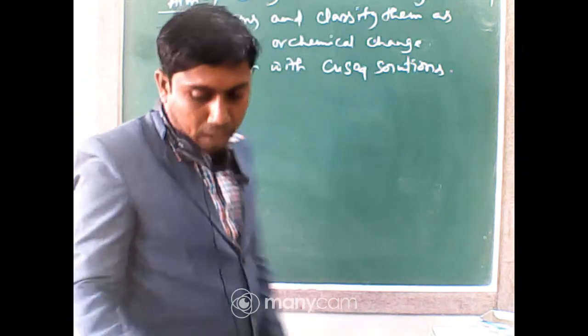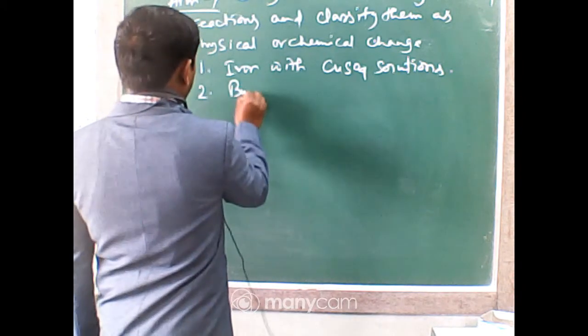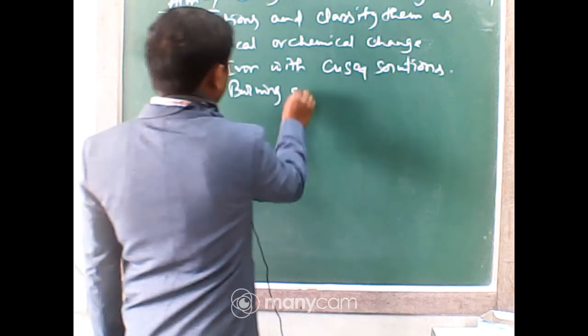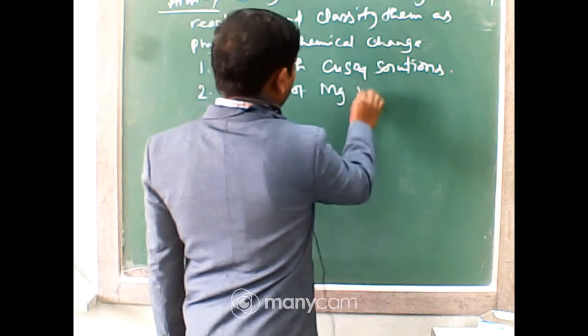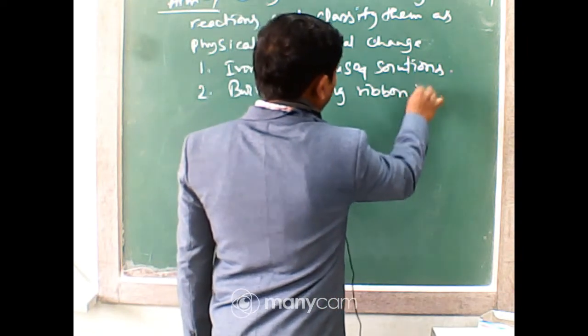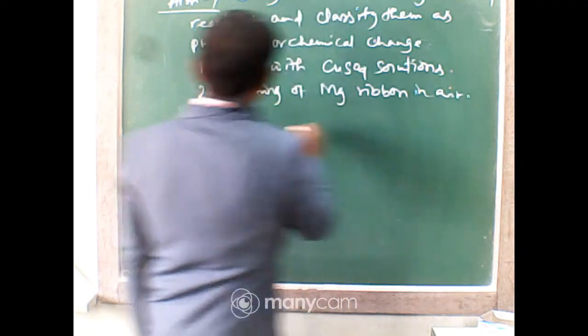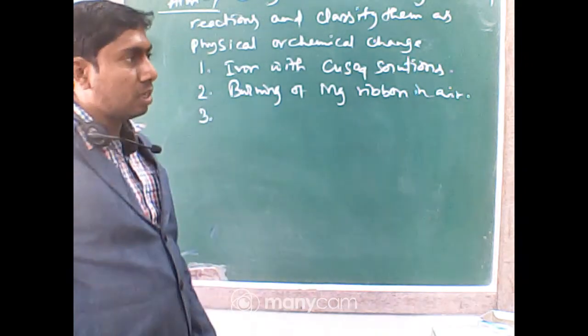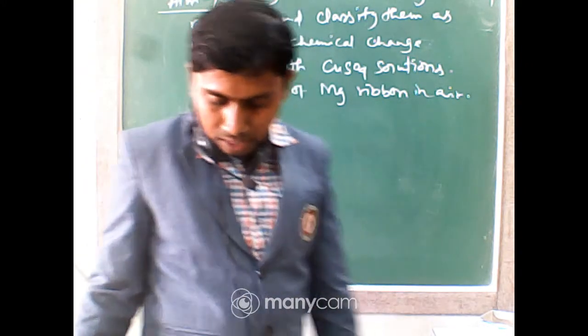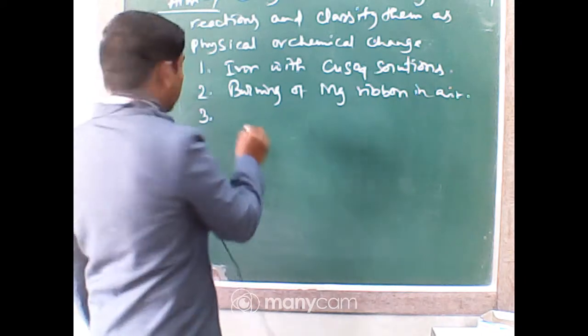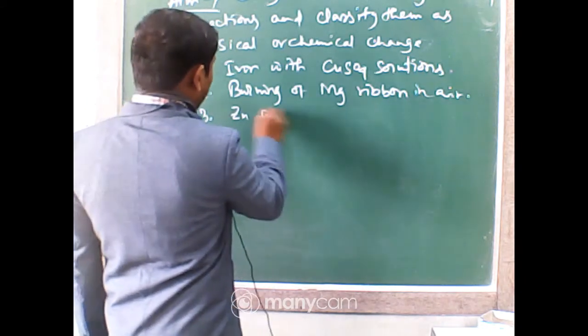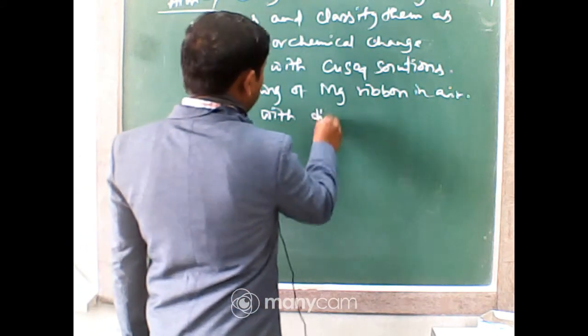Next, burning of magnesium ribbon in air. This is number 2. Number 3 is zinc with dilute sulfuric acid.